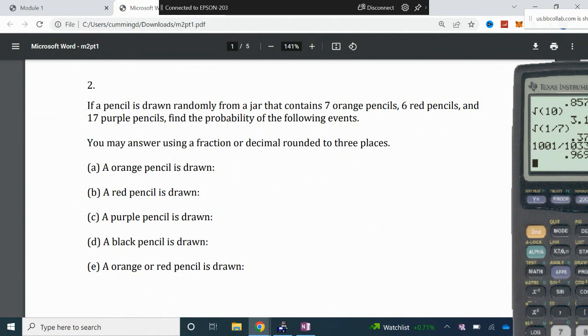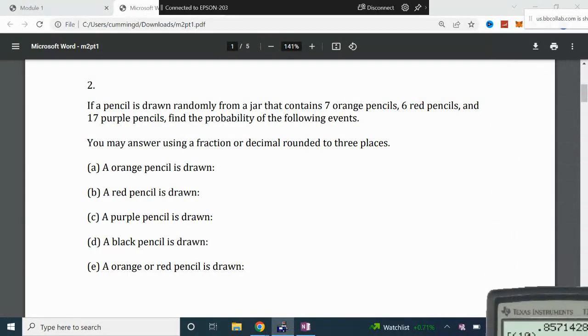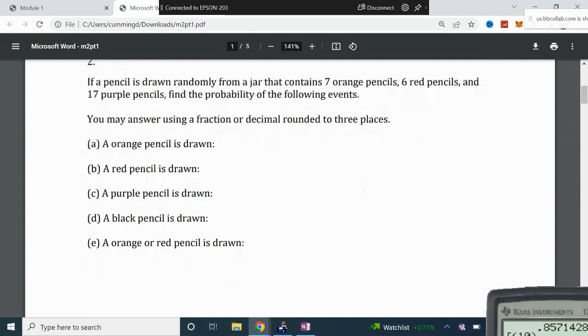And then E, an orange or red pencil is drawn. So we'll kind of go through A together just to know where you're headed on this. So first of all, we need to know the total amount of pencils that we can choose from. That's our denominator.